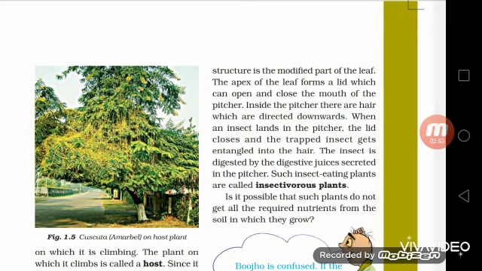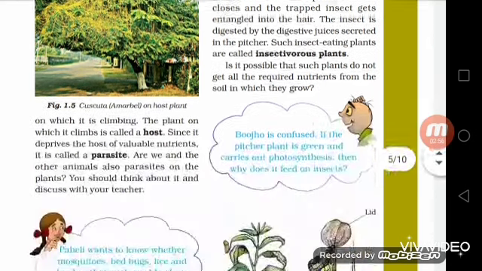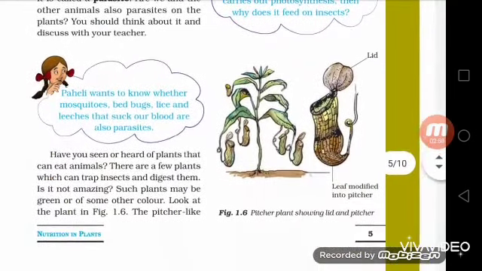The apex of the leaf forms a lid which can open and close the mouth of the pitcher. Here in the figure you can see the pitcher, the jug-like structure, with a lid. What is the function of the lid? It can open as well as close. Once an insect sits on the pitcher, the lid will be closed.